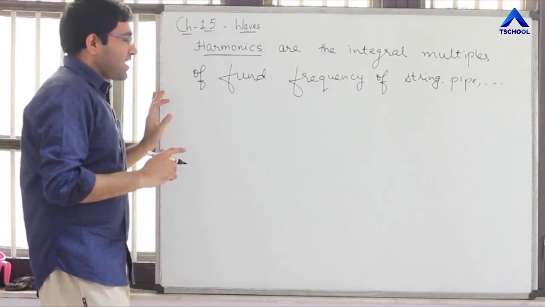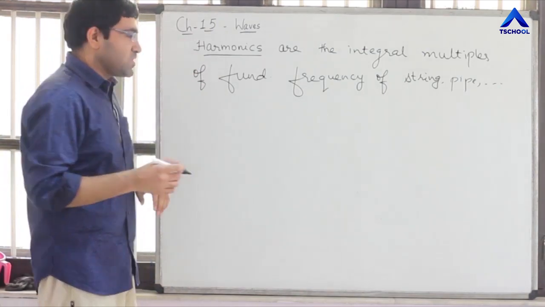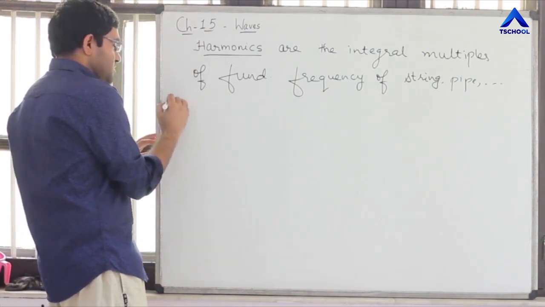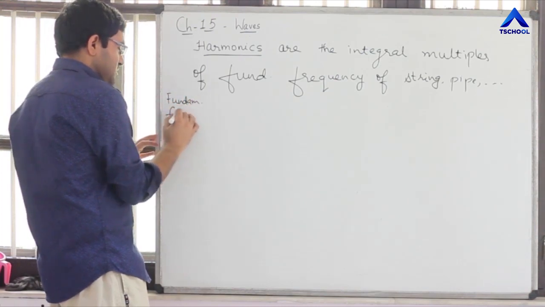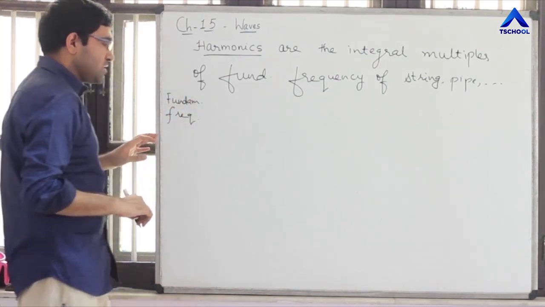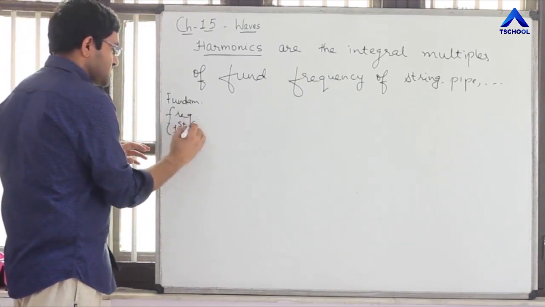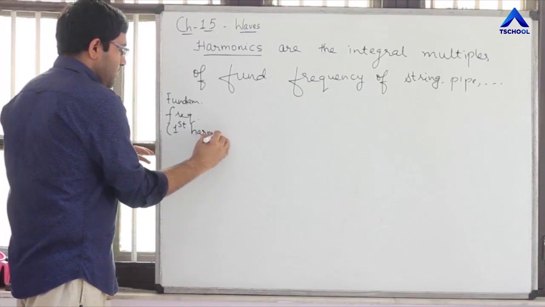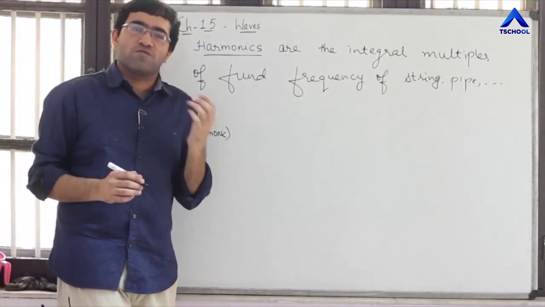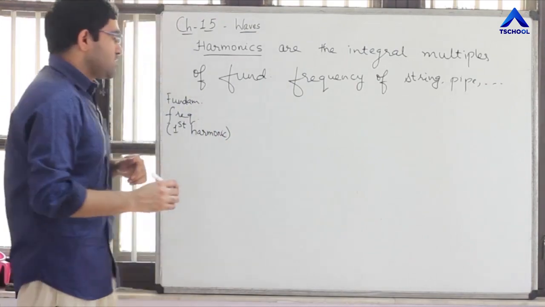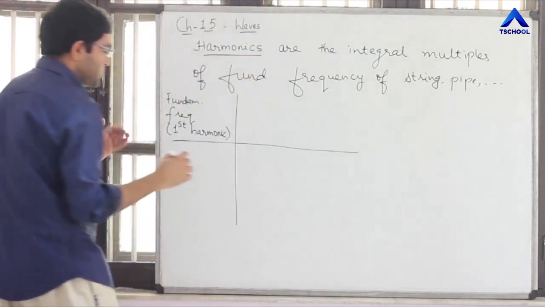Now that actually means if I make a list of harmonics, this is how it will work. Well, let's see. So here is fundamental frequency, which is obviously also the first harmonic because it's the first multiple of fundamental frequency. Now we are going to talk about the higher harmonics, and I'm sure you'll get the idea.